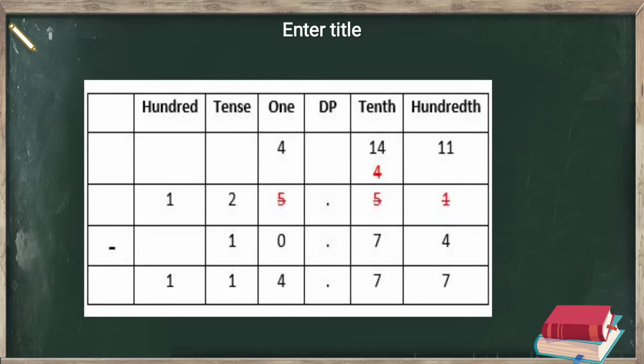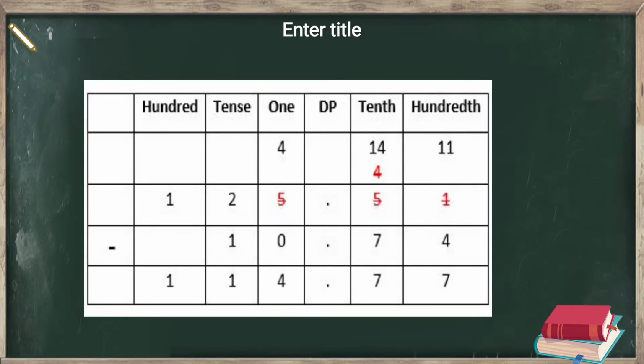125.51, we have to subtract 10.74. We cannot subtract 4 from 1, so we will borrow. It will become 11. 11 minus 4, the answer is 7. And here it is 4 now, so we will borrow. It will become 14. So 14 minus 7, the answer will be 7.